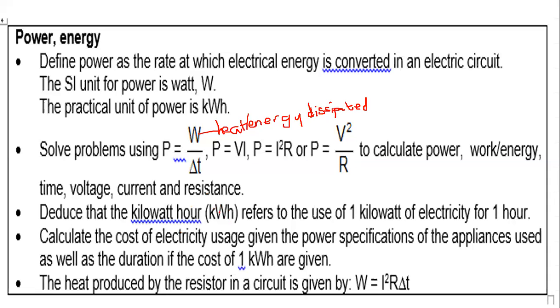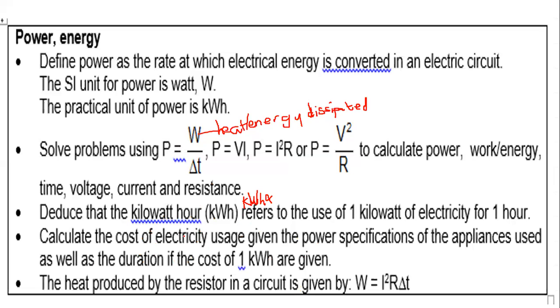It's kWh, and remember the W there is for watt, so it must be a capital letter W. Often what I see is learners would write K and they would write WH. This is totally incorrect. This is a watt, so it must be a capital letter, and this will give us kilowatt hour.